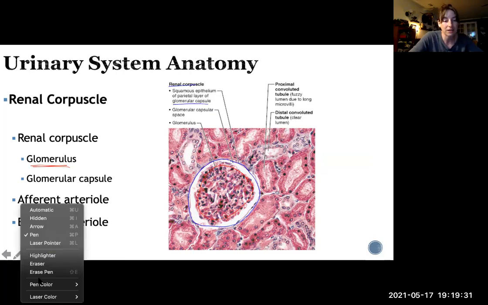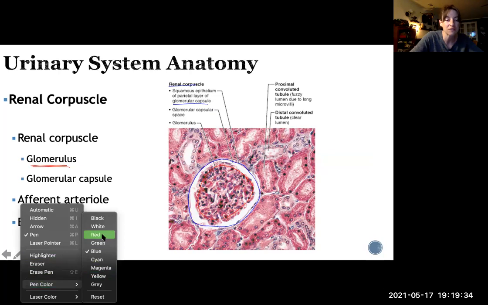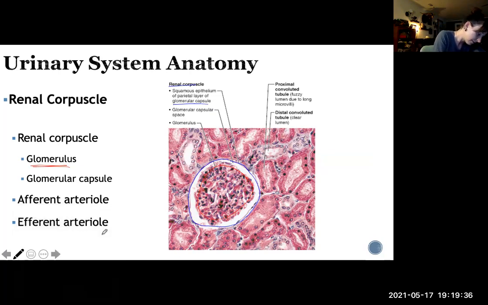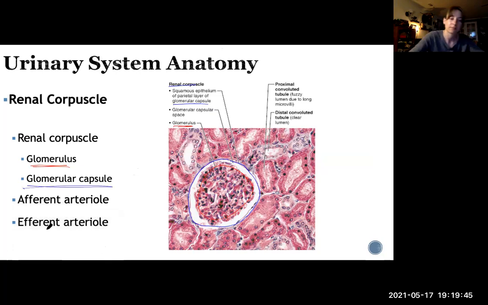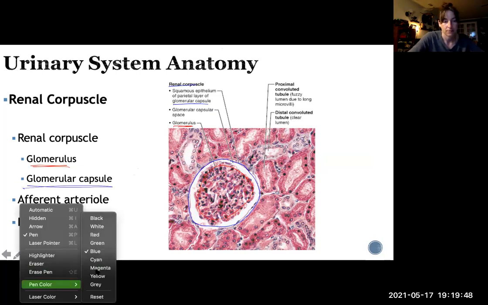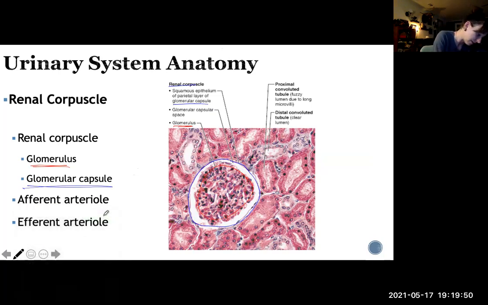In between, you have that glomerular capsular space, which is where the plasma that's being pulled out of these capillaries goes before it gets funneled into the proximal convoluted tubule, okay?